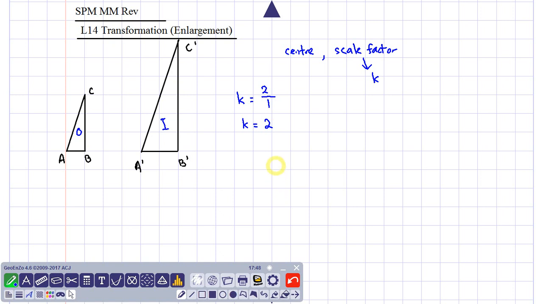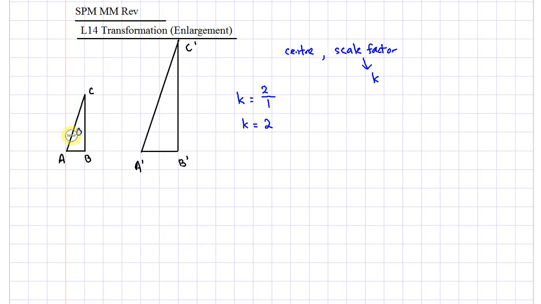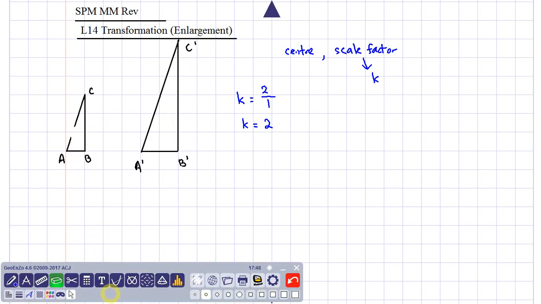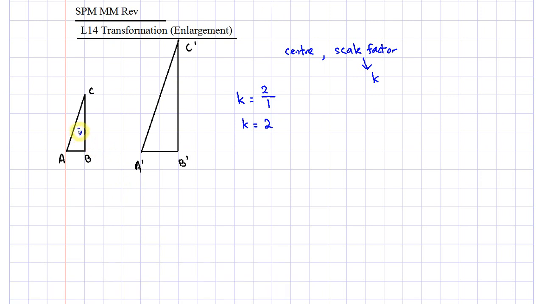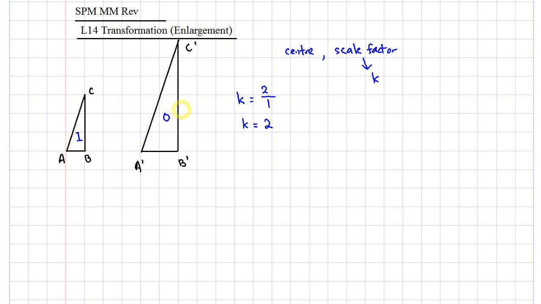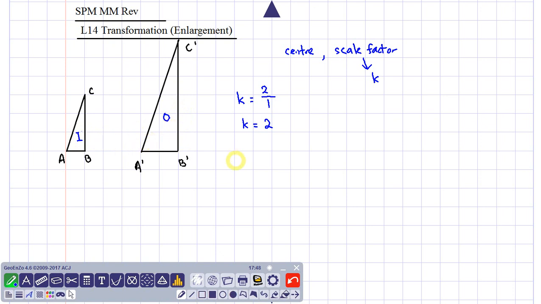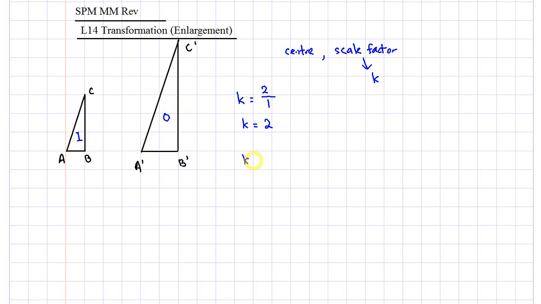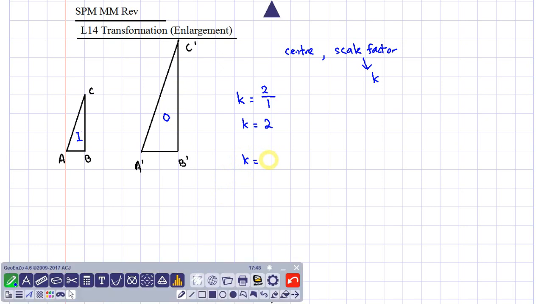Okay, now I change the image and object. So now I change this one to become object, and this one to become image. If you want to calculate the scale factor for this one, then k is equal to, always remember, image on the top.